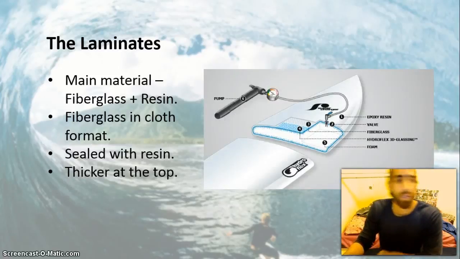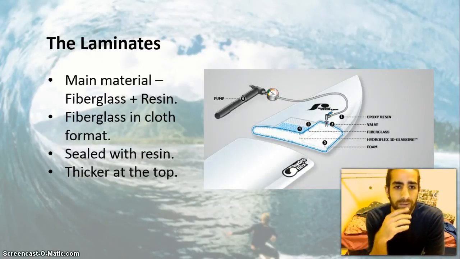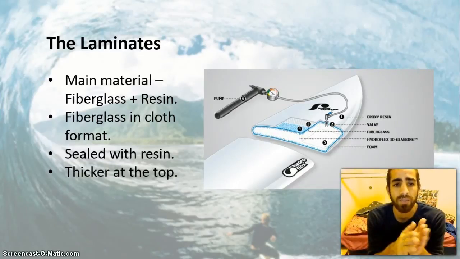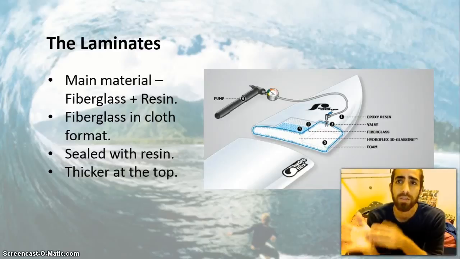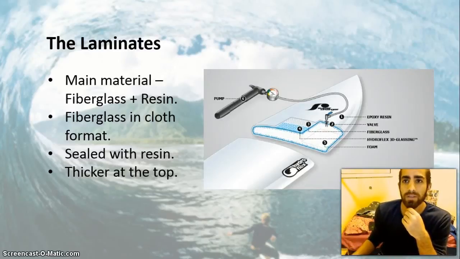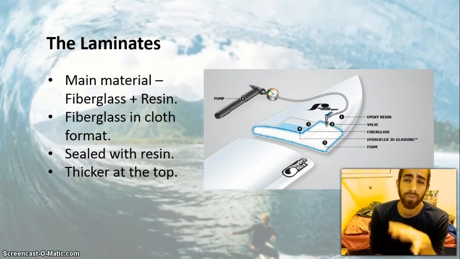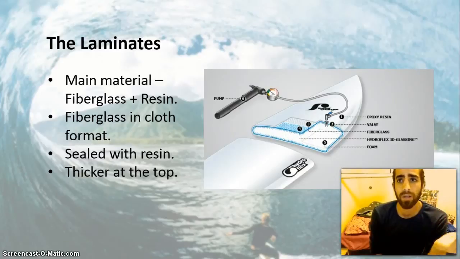Let's look at the laminates, which cover the surfboard. Usually it's fiberglass and resin. The surfboard is coated in fiberglass and finally sealed with resin.